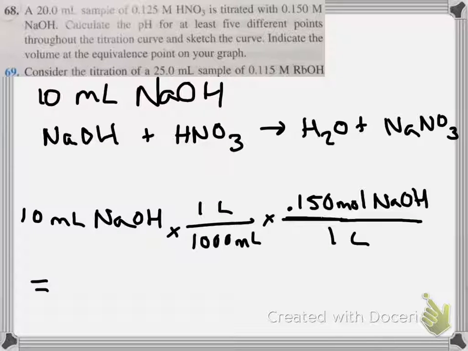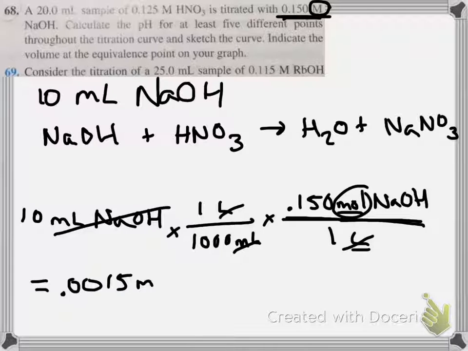And this 0.15 moles of NaOH per 1 liter is the molarity of our NaOH. Remember, moles over liter is the same thing as big M, as molarity. So now my milliliters cancel out, my liters cancel out, and I'll be left with moles. So I'm left with 0.0015 moles of NaOH.